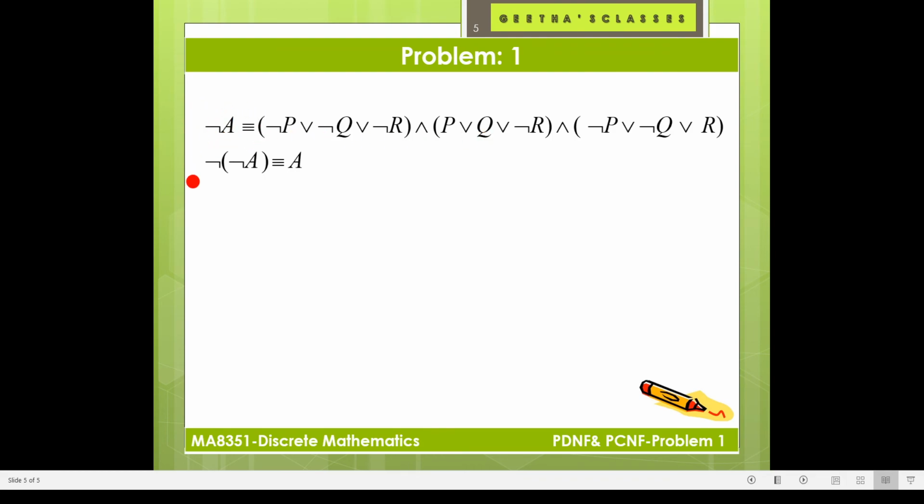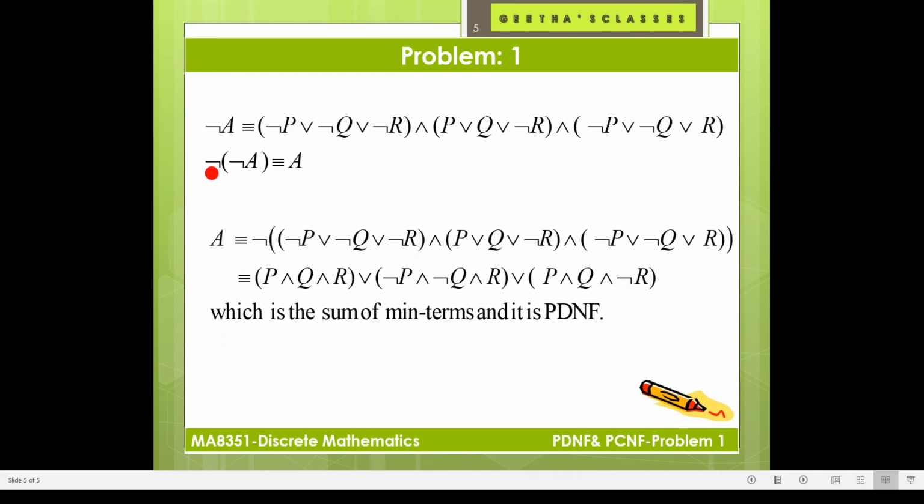After that, you have to find negation of this not A. Negation of negation is again positive A. So A can be written as, you write negation for the entire term, right? So you apply negation here. Minus into minus is plus P. Minus for R, if you take negation, means AND, right?